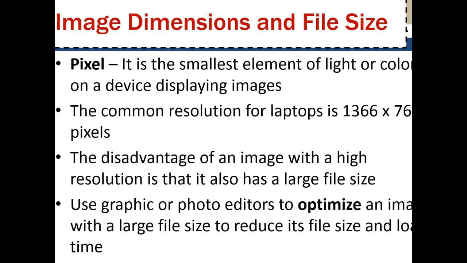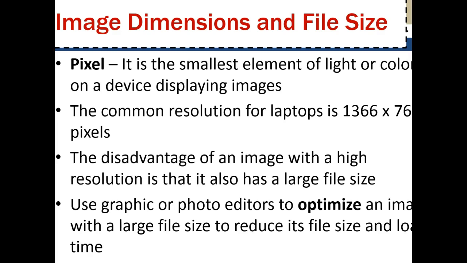The next thing that we are going to talk about is the dimension of the file size. To display content on screen devices, we use pixels. A pixel is a picture element, which is the smallest element of light or color on a device that is displaying the images.